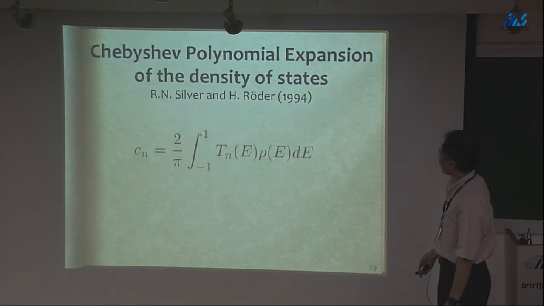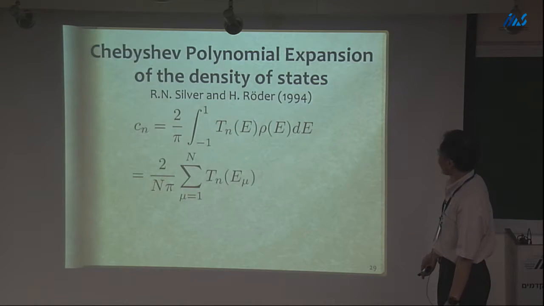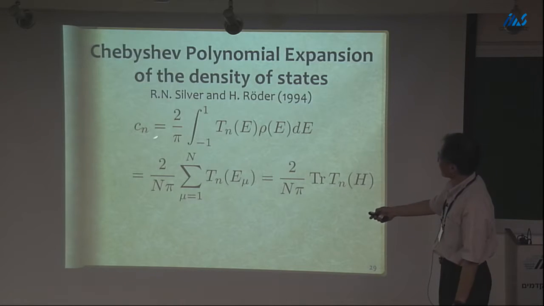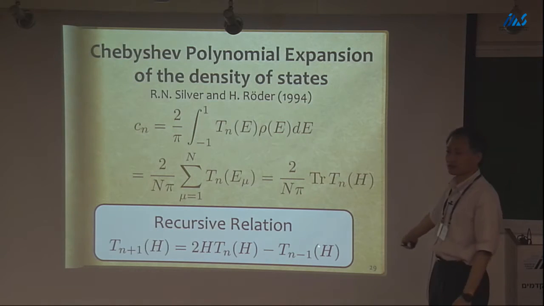Okay, and then I can find this expansion coefficient in terms of a trace of a matrix polynomial, and I can generate this matrix polynomial using the recursive relation of the Chebyshev polynomial.